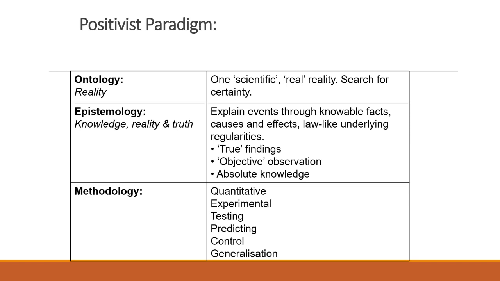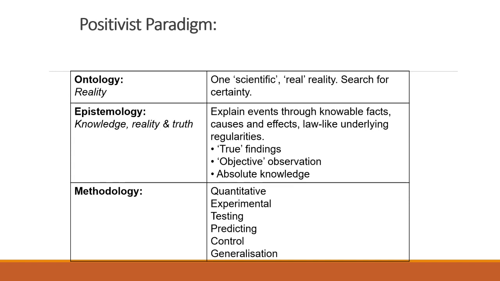They would explain, the positivists, they would explain events through knowable facts, right? So causes and effects, law-like underlying regularities, right? So this is the law, this is fact. This causes that. If this happens, it should lead to that. If it does not lead to that, then something is wrong.